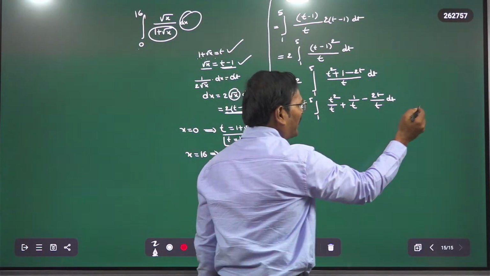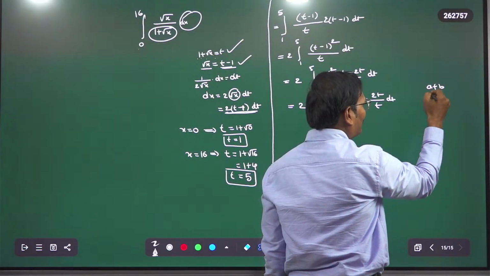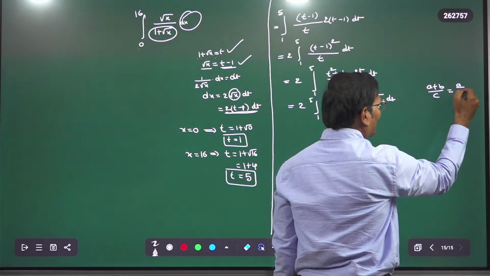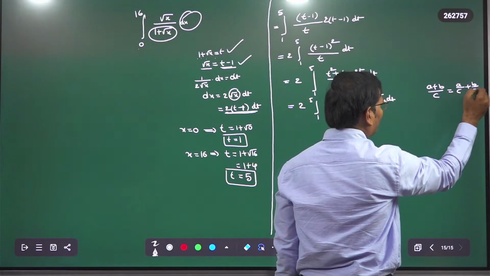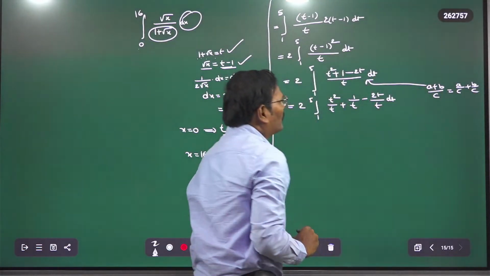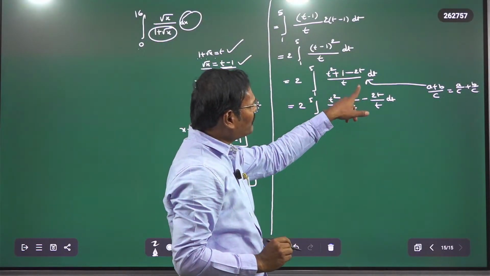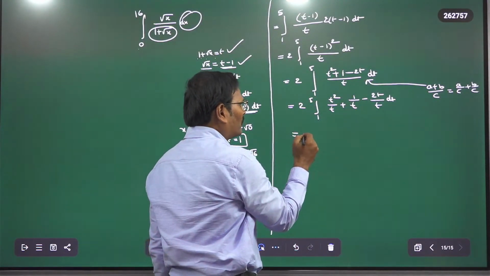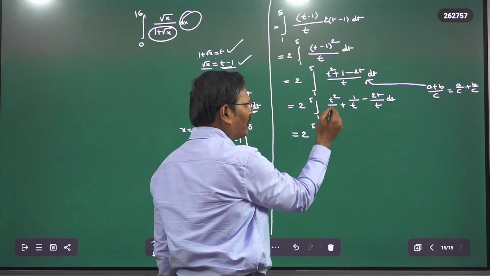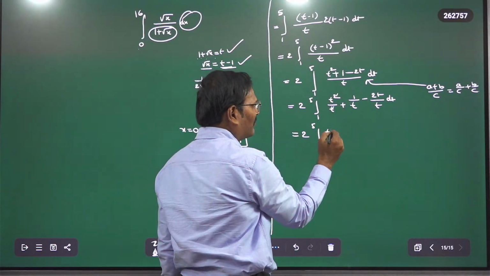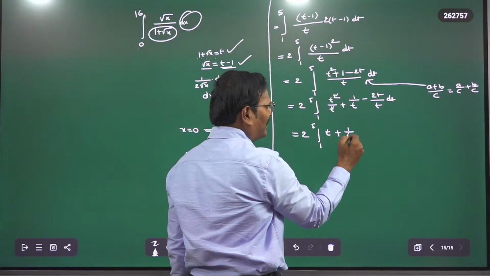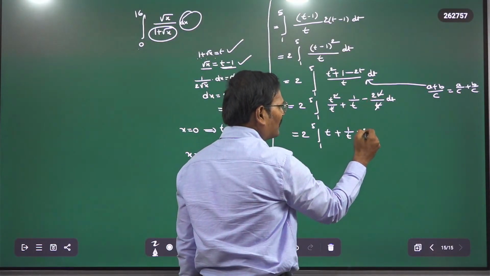I already explained, a plus b by c can be written as a by c plus b by c. So 2 into integral 1 to 5, t gets cancelled, t will be there, plus 1 by t minus 2, t gets cancelled, dt.